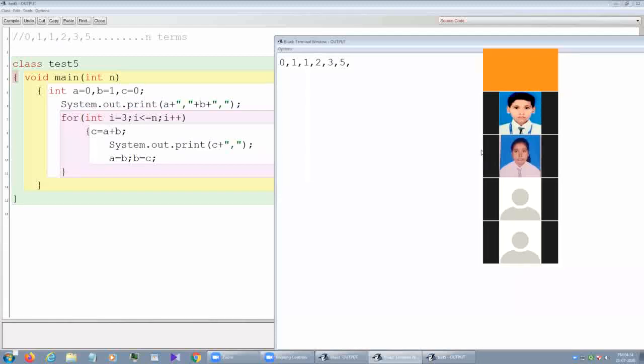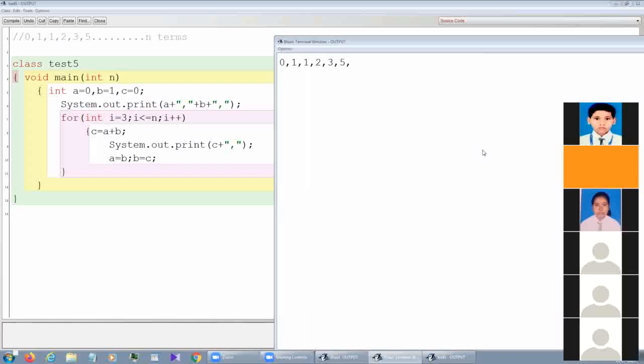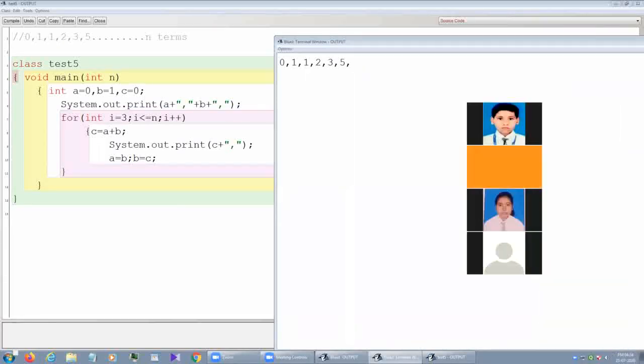If anyone has any doubt, please. No sir, I understood. Ishani, did you understand? Yes sir. Moitri, anyone, if still anyone has any doubt, please raise your hand or unmute yourself and speak out.